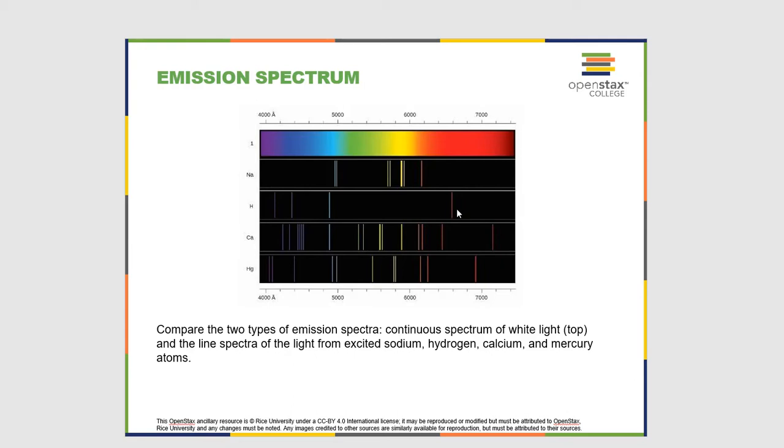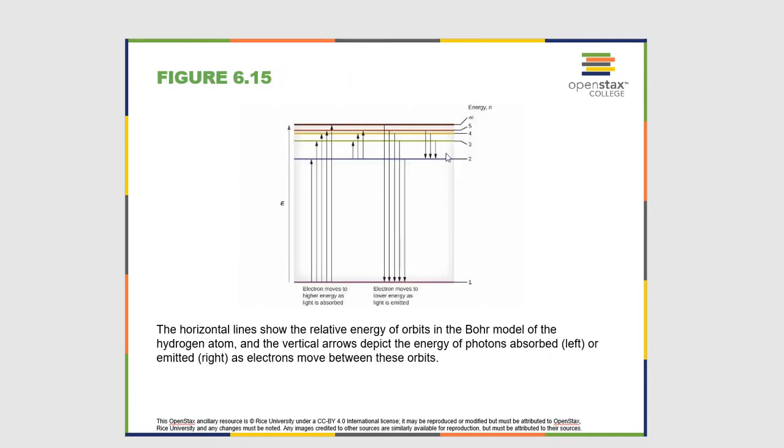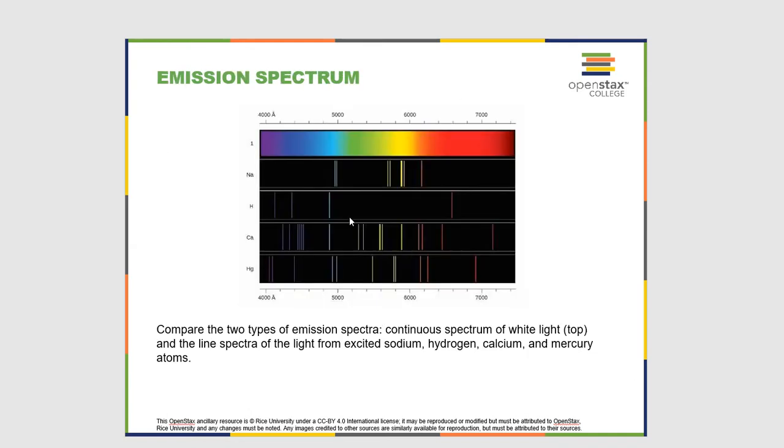The reason that hydrogen emits discrete bands is because they are related to these quantized energy transitions. So we can actually recognize the elements in different places by taking the light that comes off of them, breaking it into its component colors, and analyzing those component colors. And you'll notice that sodium has some discrete emissions, calcium has discrete emissions, mercury has discrete emissions.